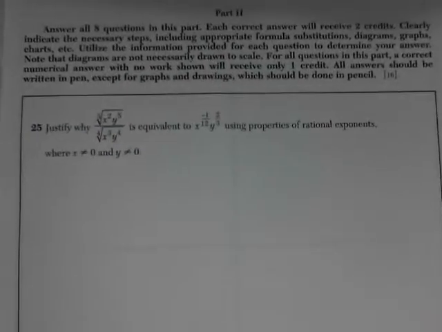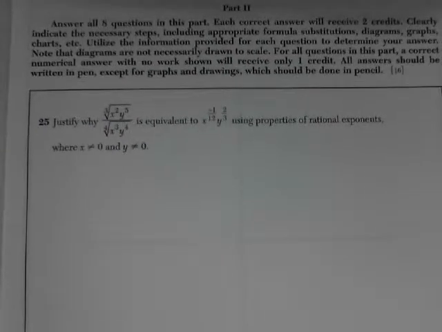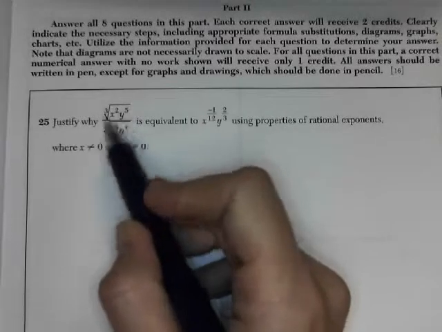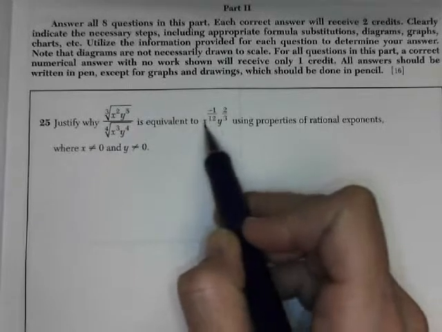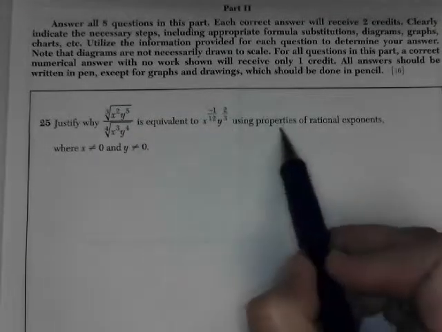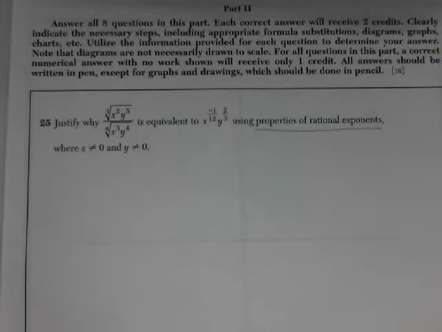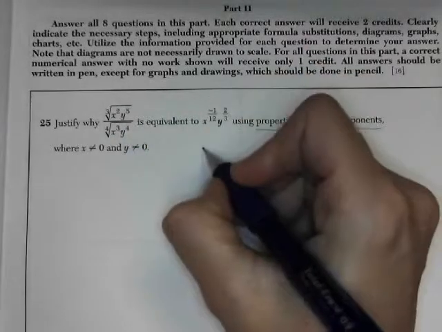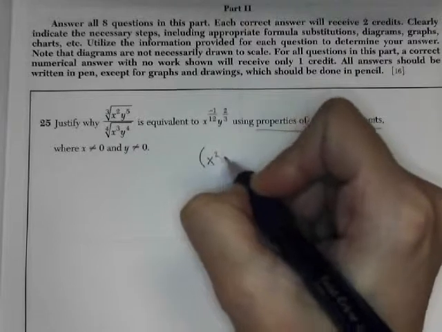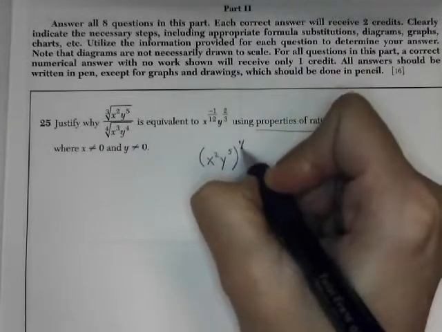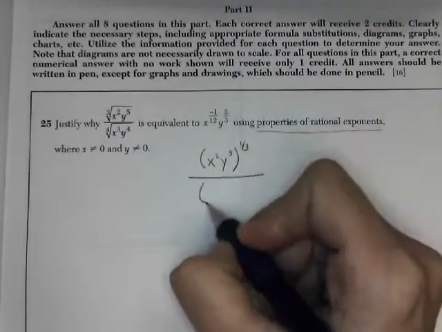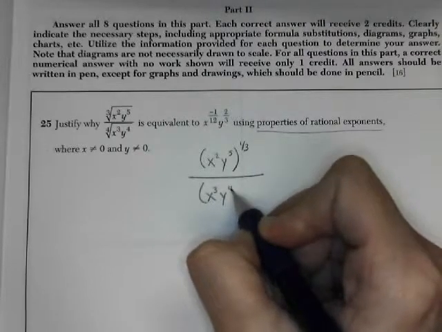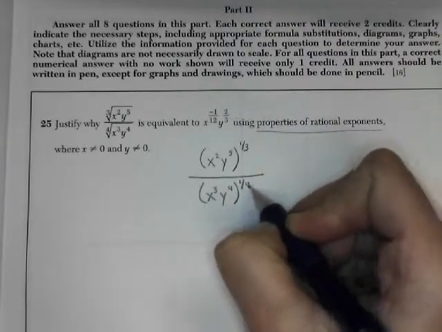We'll run to our open responses. Justifying why this radical notation is equivalent to this exponential equation using the properties of rational exponents. So we should know that the cubed root is the same as raising it to the 1/3 power, and the 4th root is the same as raising it to the 1/4 power.